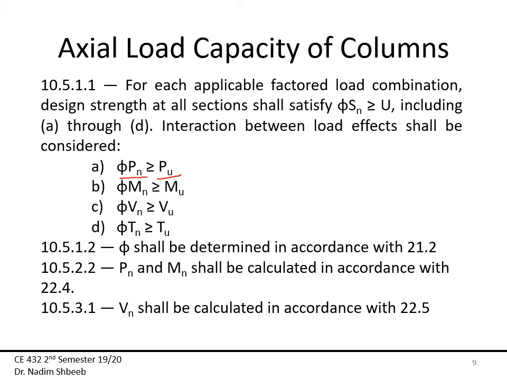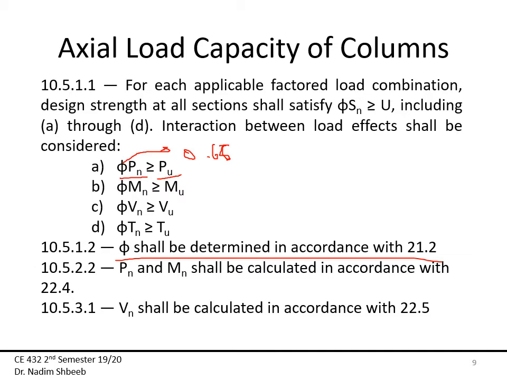Again, columns are going to be under axial forces, moment, shear, and torsion might be a factor. So it holds all the necessary forces on it. And phi is, as we took it before, when I explained that to you during the flexure class, if it's a tied column, it's going to be 0.65.